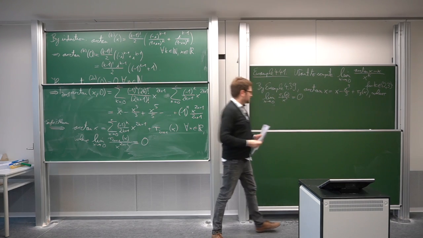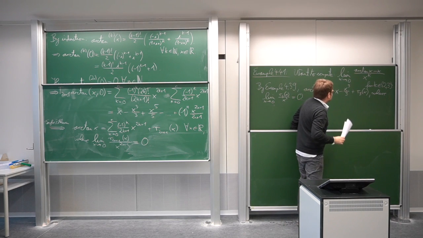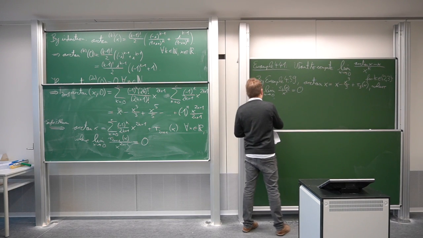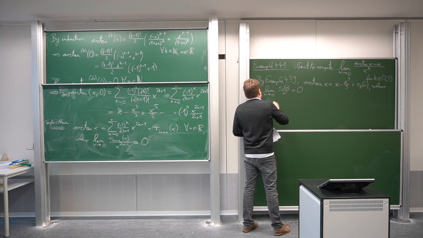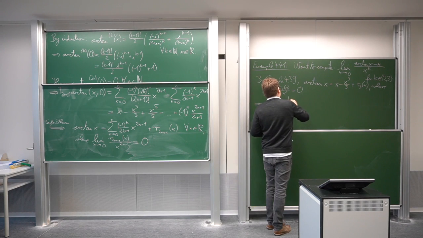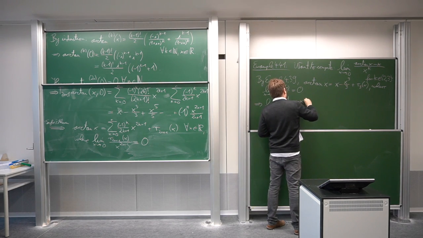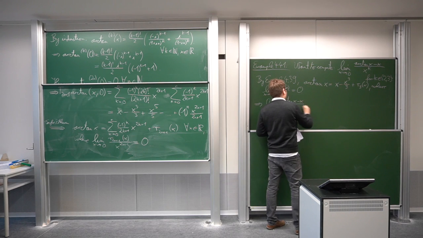Okay, how does this help us? Let's insert this in the computation and start with the case k equal to 3. The limit of x going to 0 of (arctan x minus x) divided by x to the power of 3.